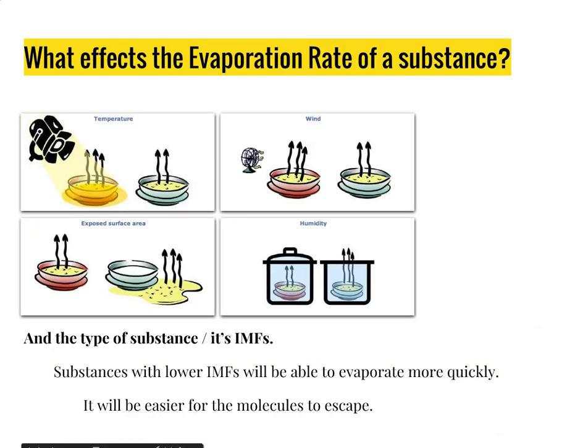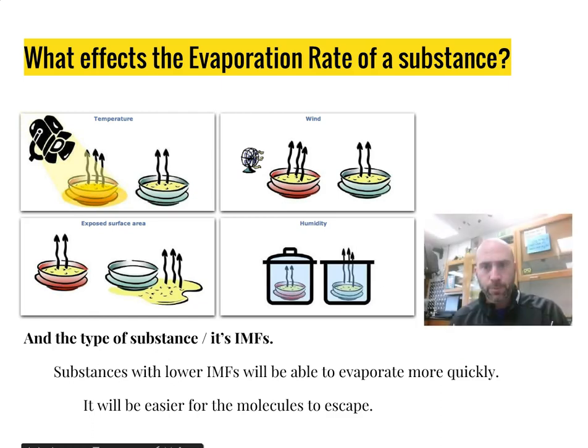Okay, now when we're talking about a liquid, there's a few things that can affect the rate of this evaporation. So if you heat something up, if there's wind or air flowing over the top of it, if there is a big surface area or the humidity above it, those are all going to impact the evaporation rate. And here's what's going on.